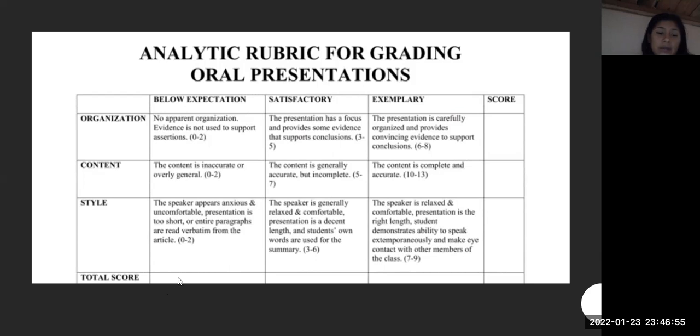For example, 19 out of 20 points is the total score of this student. Everything depends on the content, the style, the organization, and the work.